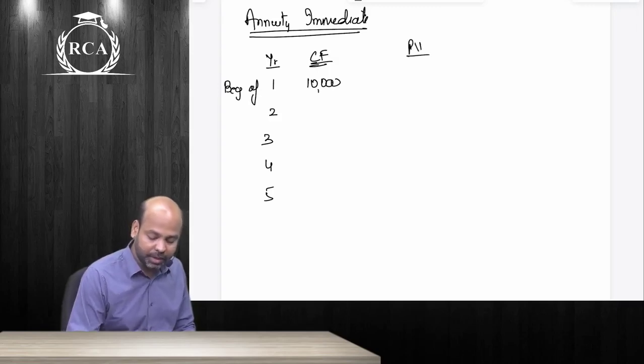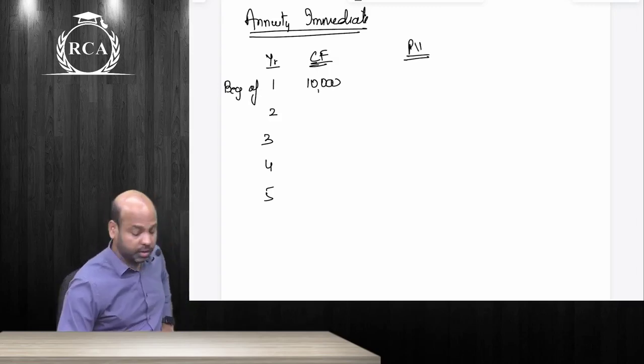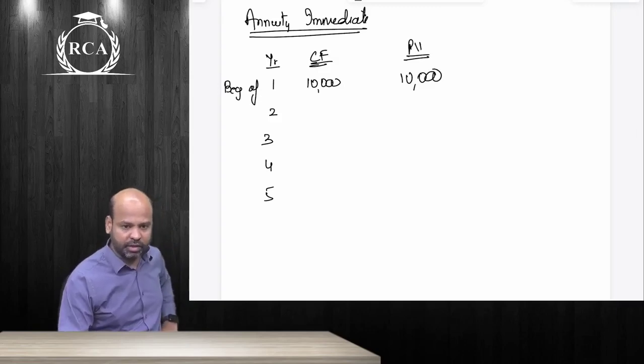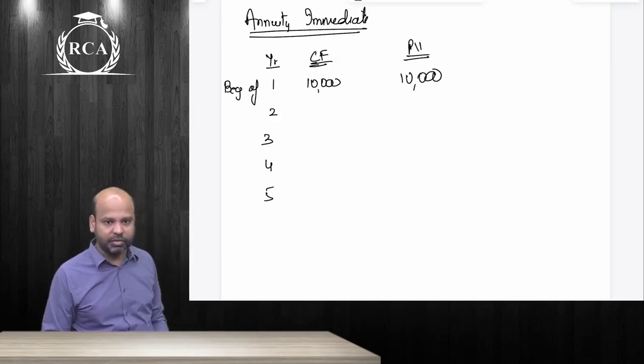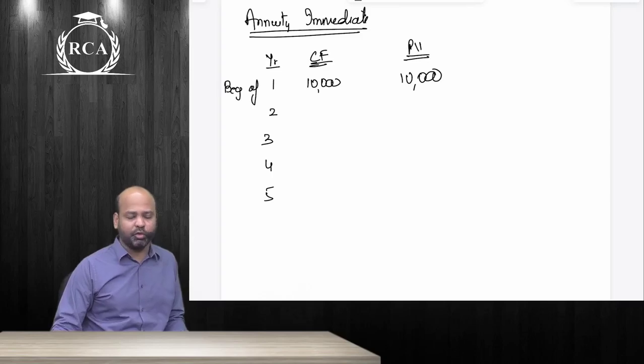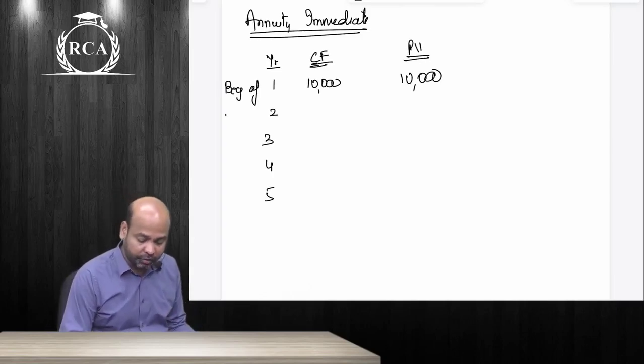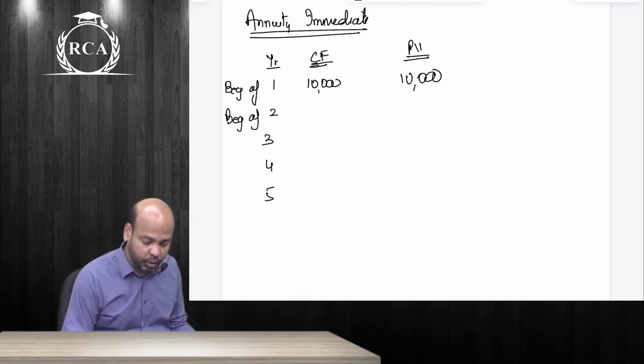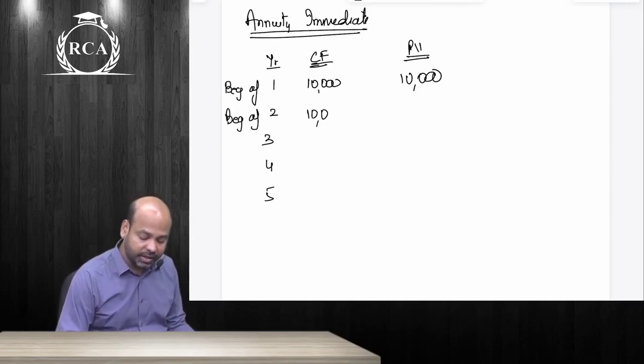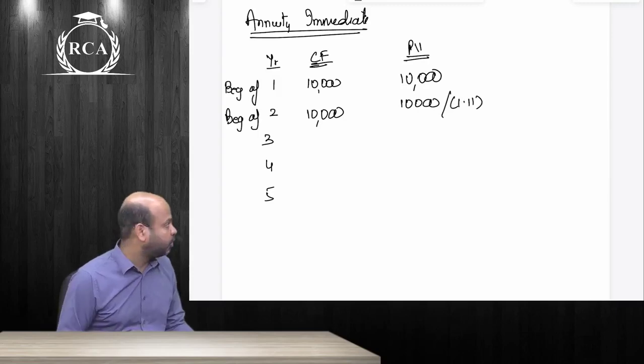Beginning of year 1, what will the present value be, guys? Same 10,000. If you're receiving something tomorrow, the present value of that today will be 10,000 only. You do not have to worry about that one day of discounting. If you're receiving something at the beginning of year 2, isn't that the same as end of year 1? You are going to discount that for one period only.